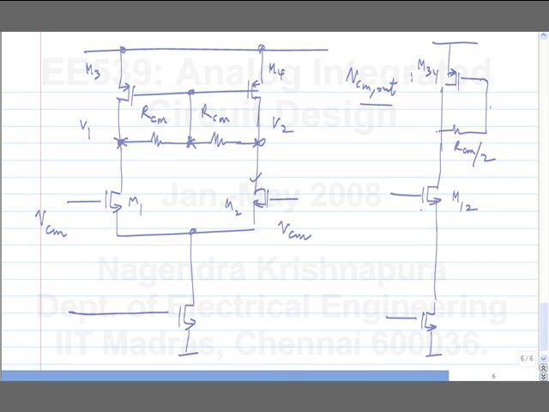As far as DC is concerned, the resistance has no effect at all because no gate current is flowing. So this voltage will simply be VDD minus VGS of M34, which is the same as VGS of M3 or M4. It's VGS of M34 at a current I0, or VGS of M3 at a current of I0 by 2. Okay.